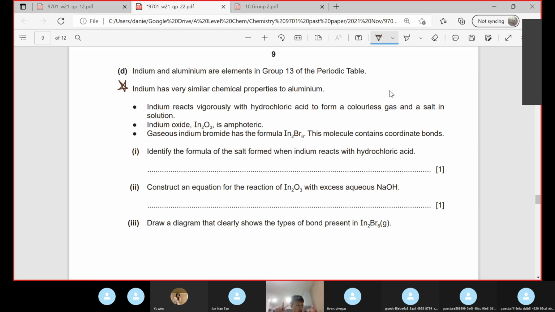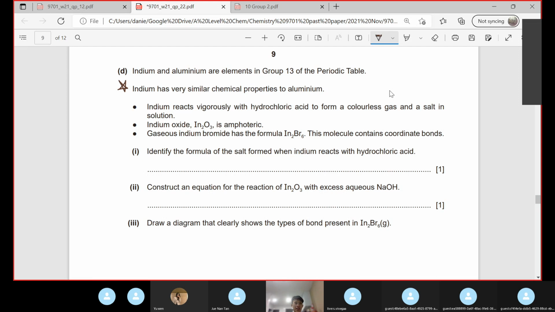Here they provide 3 reactions, or 3 properties. Indium reacts vigorously with hydrochloric acid to form a colorless gas and a salt in solution. So what is the formula of the salt formed? Over here you just replace indium with aluminium. Aluminium reacts vigorously with hydrochloric acid to form a colorless gas and a salt in solution.